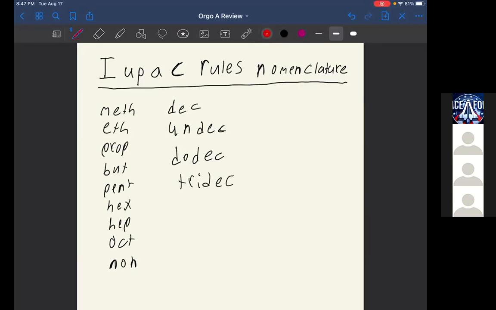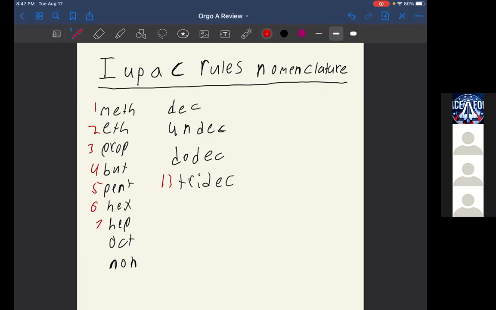I've got awful handwriting, so I apologize. So this is when you have 1 carbon, 2 carbons, 3 carbons, 4 carbons, 5 carbons, 6 carbons, 7 carbons, and so on, up to 13. You're never going to see a carbon chain longer than 13. Most likely, if you do, I'm sure he's going to give you the name of it. But for naming reasons, 13 is probably what you need to know up to.